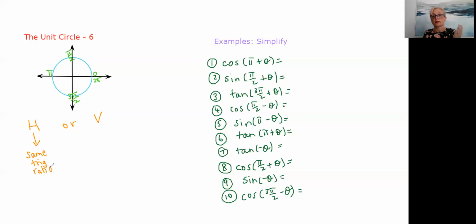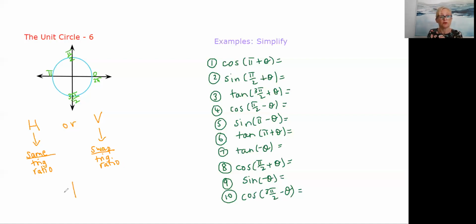So sine stayed as sine, cos stayed as cos, tan stayed as tan. If it was a vertical reference, that means that we're doing pi on 2 minus theta or pi on 2 plus theta, or 3 pi on 2 minus theta, 3 pi on 2 plus theta. With our vertical reference, what actually happened was we swapped our trig ratios. So vertical you swap, horizontal you keep them the same.